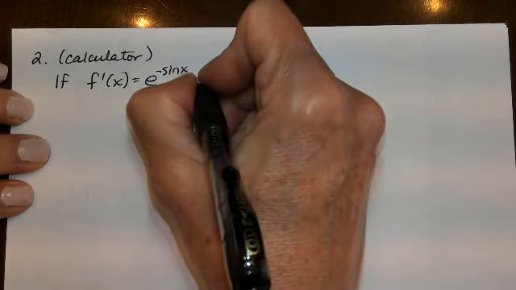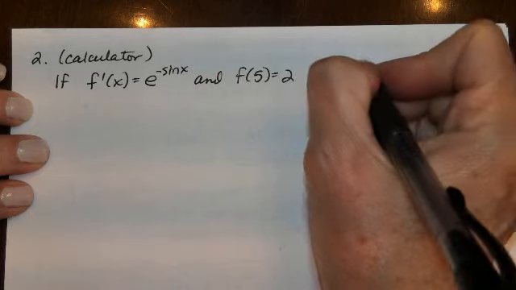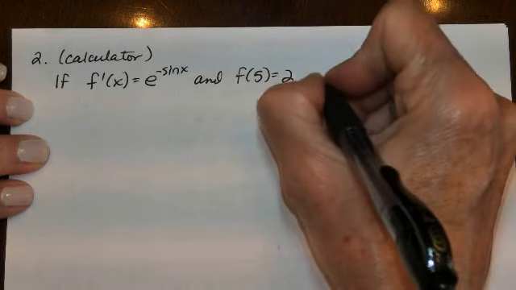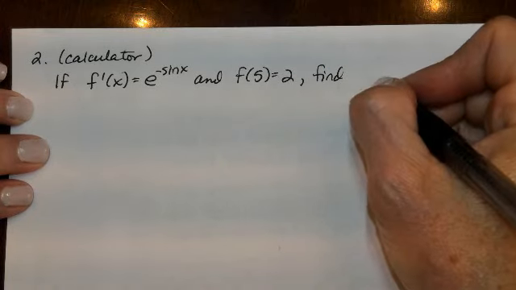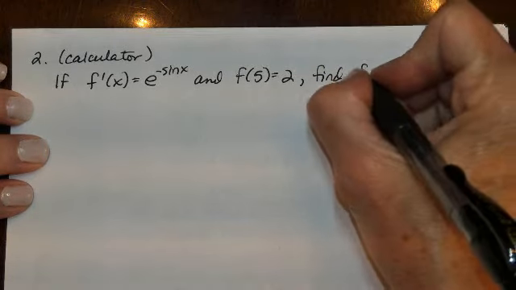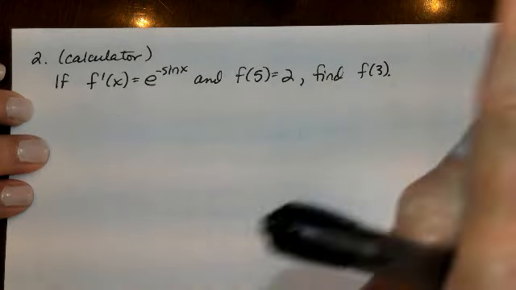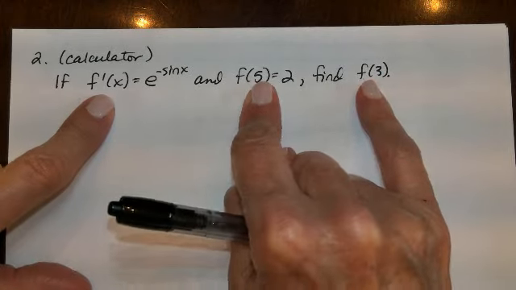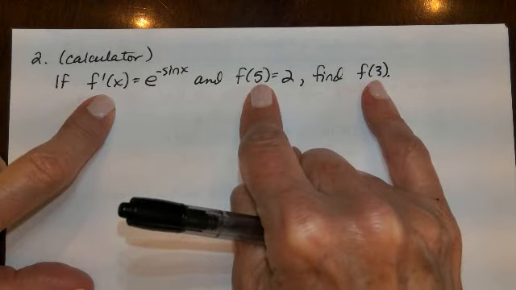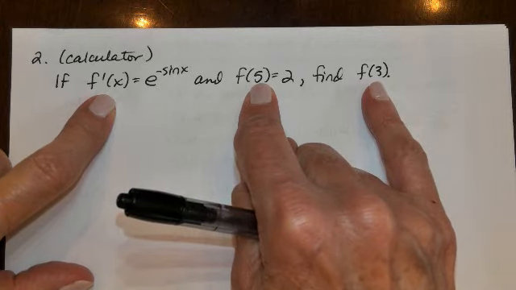All right, and f of 5 is 2. So if we're given that, we want to find, remember, we can find any other function value that we want. This time we're going to be looking for f of 3. Okay. We know f of 5 and we know f prime, so we can find any other function value that we want. All right?